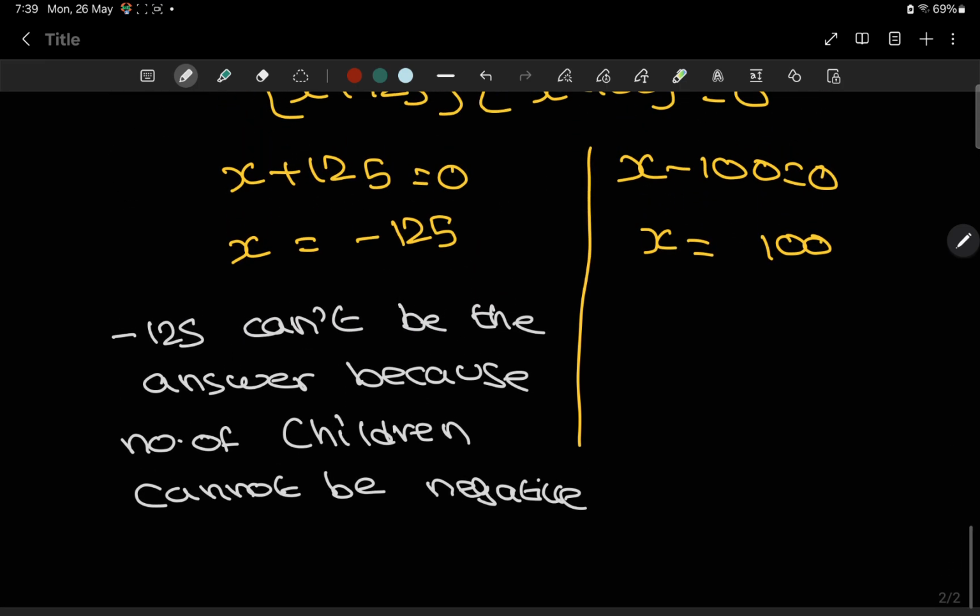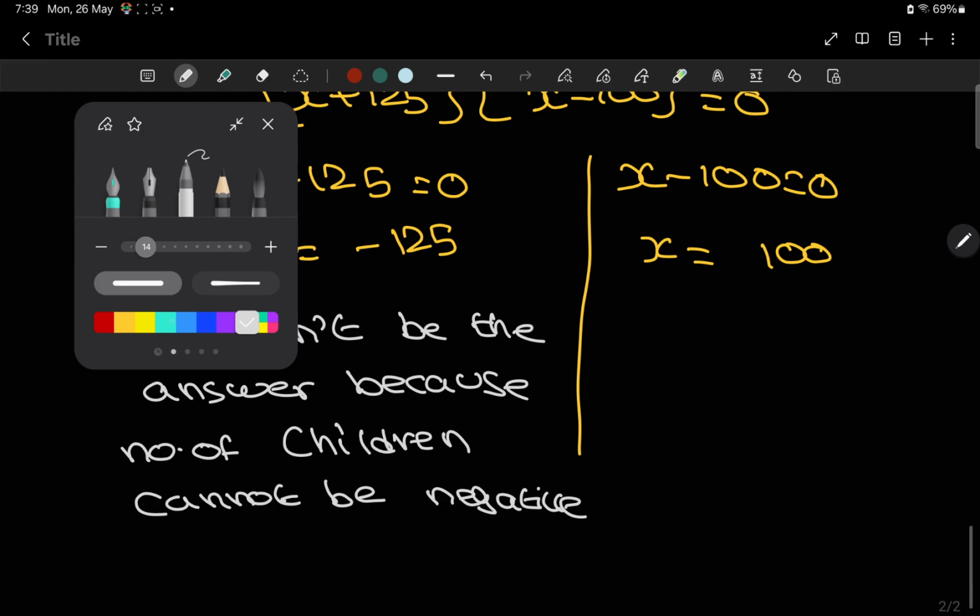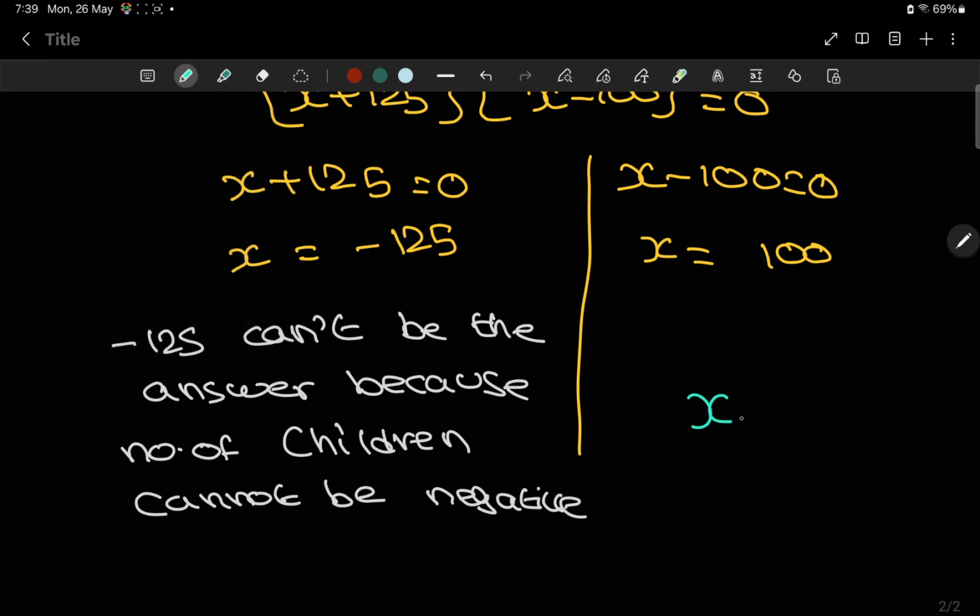So the answer is: the total number of children x is equal to 100 members. Thank you.